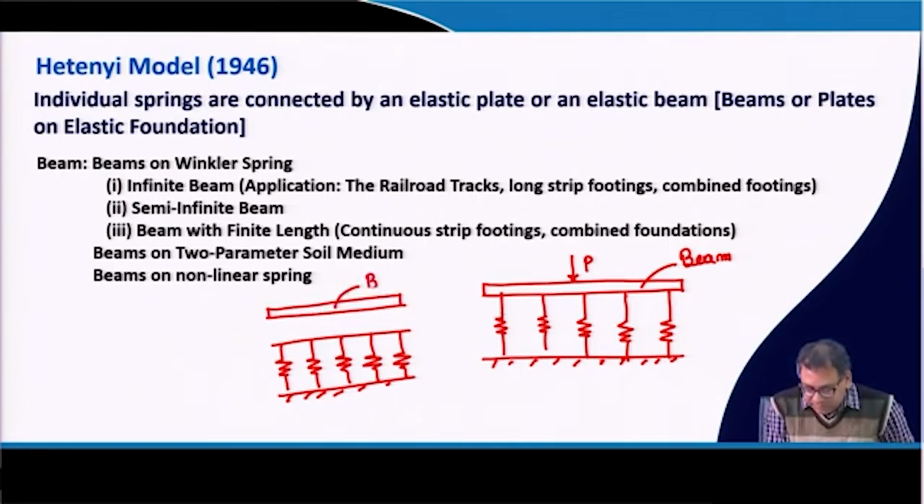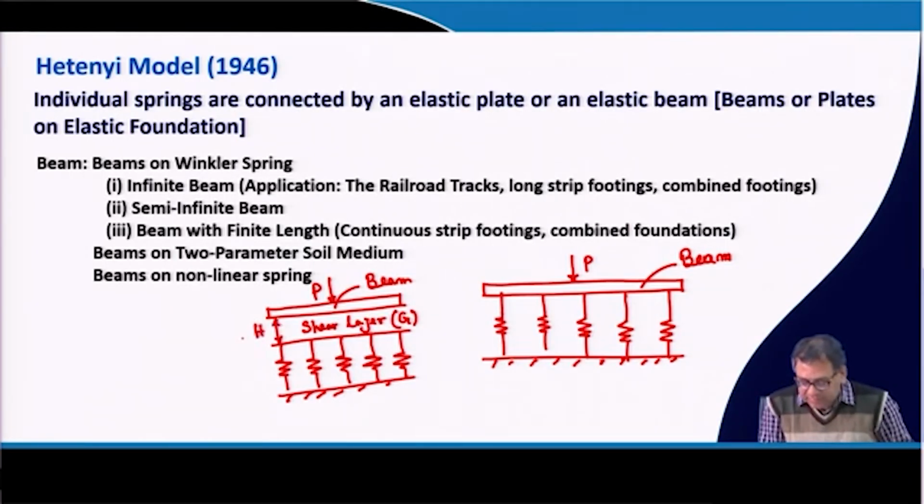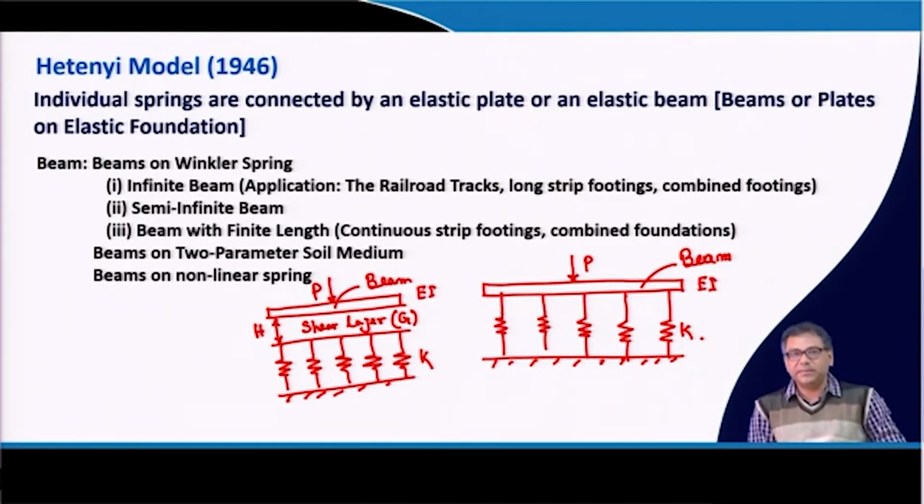So this is basically the beam, a load is applied, this is the shear layer whose shear modulus is G, this is the thickness of the shear layer, and this is the K, and the beam has an EI, this is the flexural rigidity. Okay. So now if we place the beam on a 2-parameter model, then you will get the deformation beyond the loaded region also.